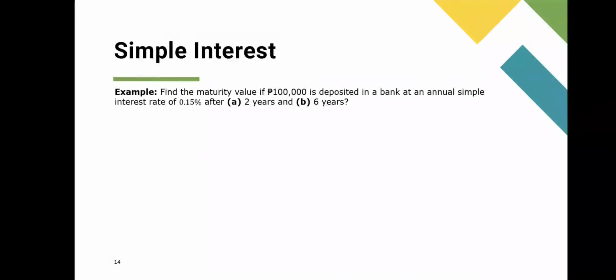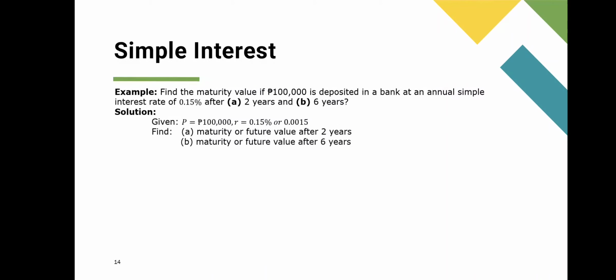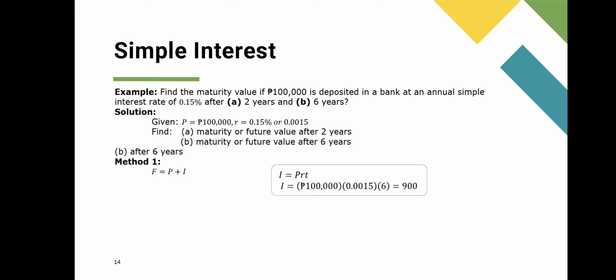Let's have letter B, which is for 6 years. So we know again, principal amount is 100,000, rate is 0.15% or 0.0015. So we will solve the maturity value after 6 years. So using method 1, that's F equals P plus I. First, we solve for interest.